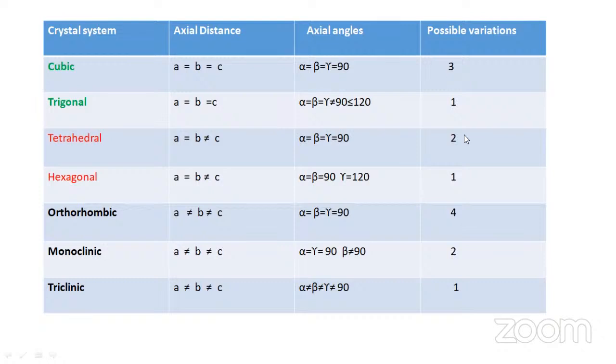And for the last members of each group, trigonal, hexagonal and triclinic, each has one possible variation. And the maximum number of possible variations is for orthorhombic, which has 4 possible variations.